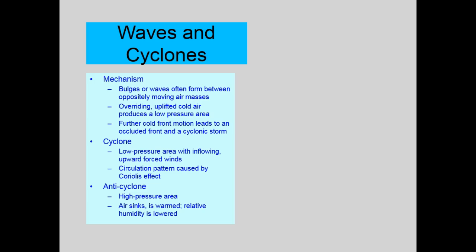And that's what creates that bulge and wave there. The overriding uplifted cold air produces a low pressure area. Further cold front motion leads to an occluded front, and that could lead to a cyclonic storm.